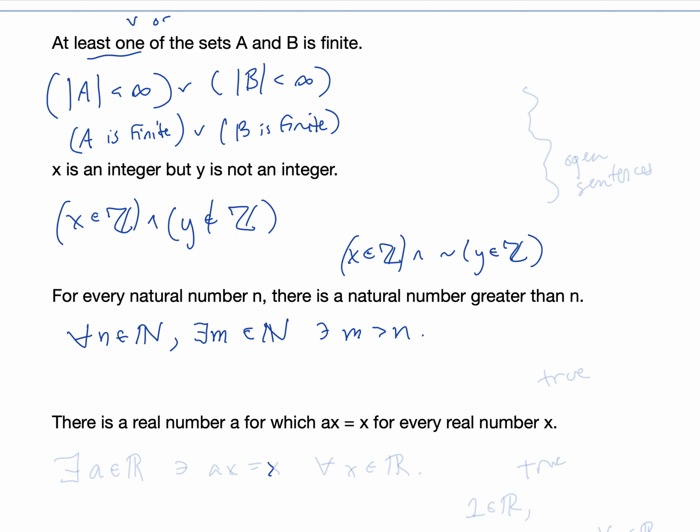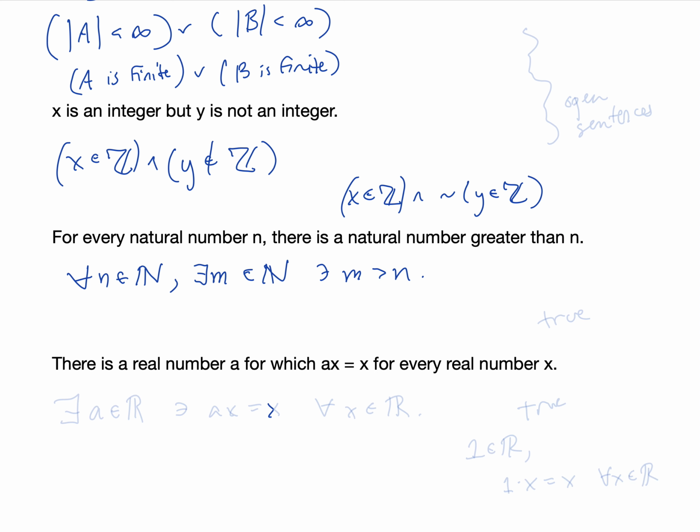Lastly, there is a real number a, for which a times x is equal to x for every real number x. There is an a in the real numbers such that a times x is equal to x for any x in the real numbers. And that is a true statement as well. 1 is an element of the reals, and 1 times x is equal to x for every x in the real numbers.